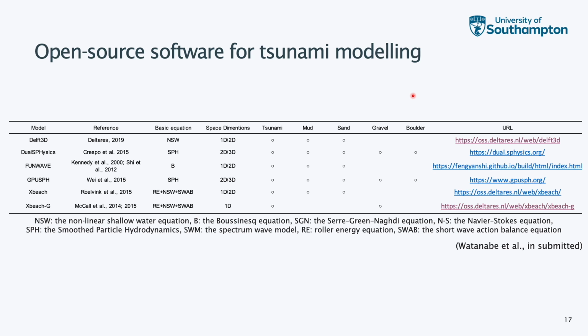By reading the user manuals, you can understand how to compile the open source codes, how to make an input file, how to run the software, and how to visualize the simulation results. So the use of this open source software is useful for understanding coastal process induced by a tsunami.